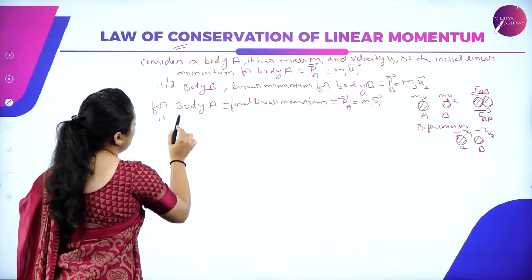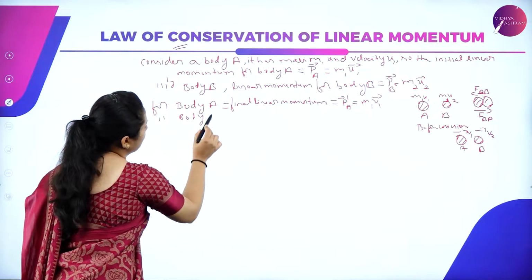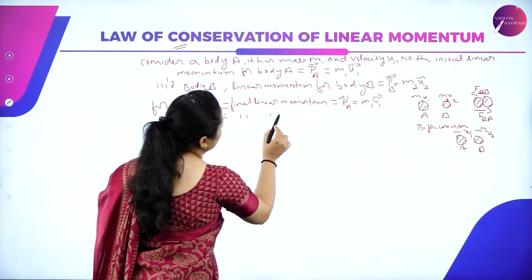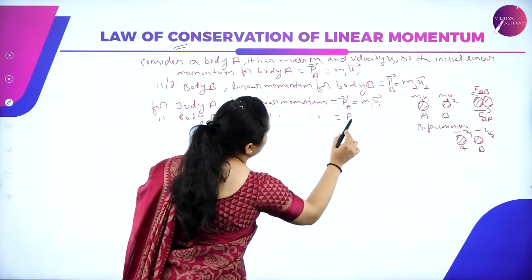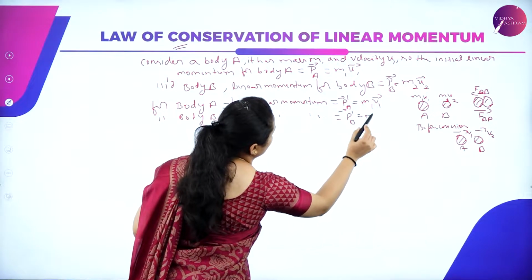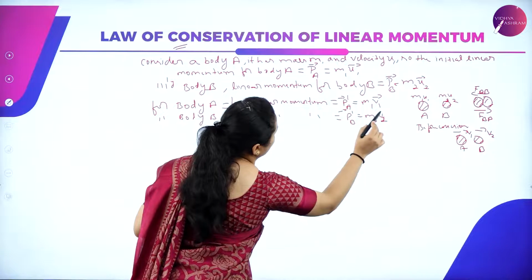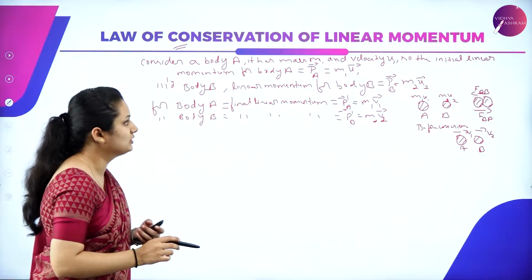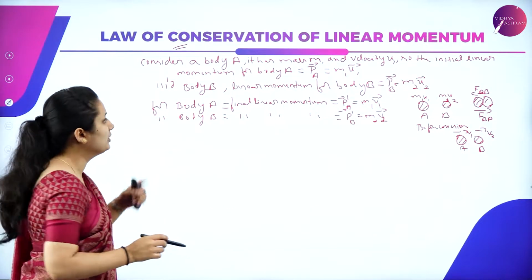So for body B, the final linear momentum will be PB dash is equal to m2 v2.